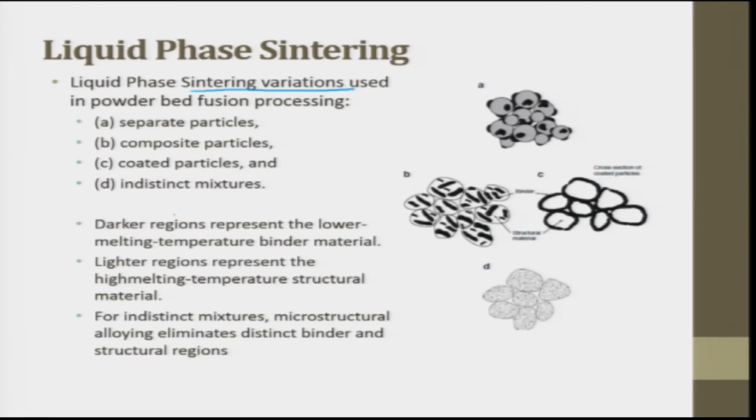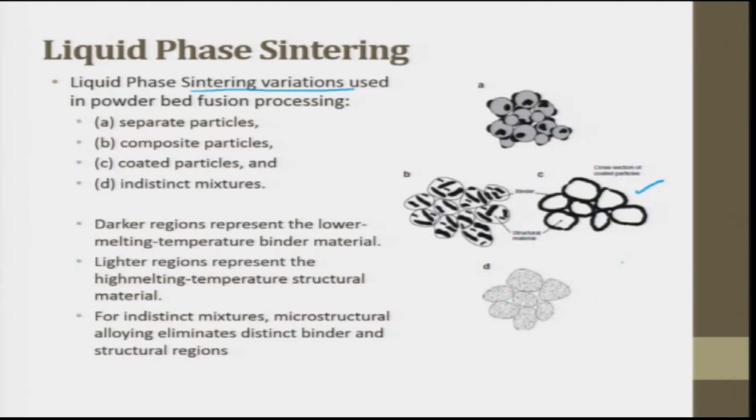D is indistinct mixture. So you have all the four. The darker region represents the lower melting point binding material, and the lighter region represents the higher melting point material. For the indistinct mixture, microstructural alloying elements, distinct binder and structural regions are not there. So they are all mixed together. So these are the fourth type.